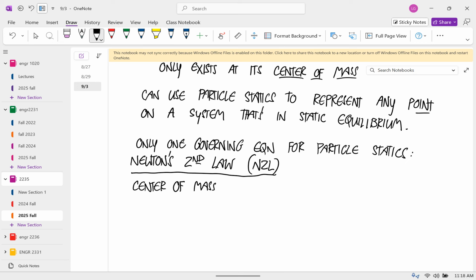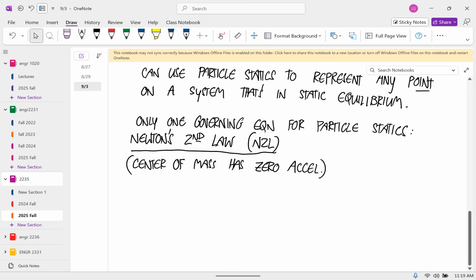It means that there's no acceleration of the center of mass. Right, exactly. And so the governing equation just says the net force is equal to zero.